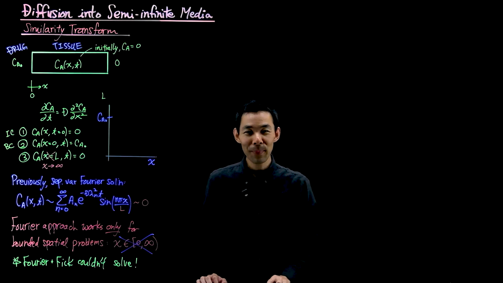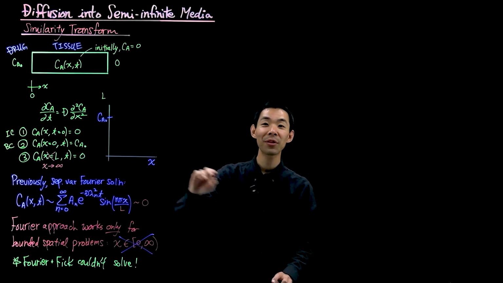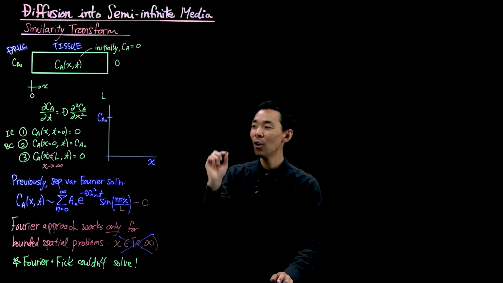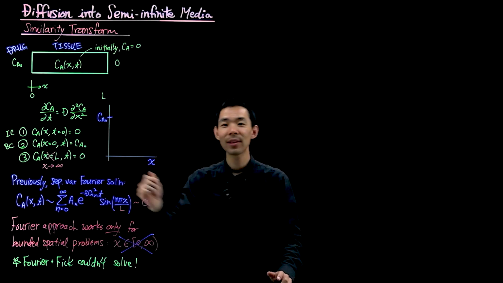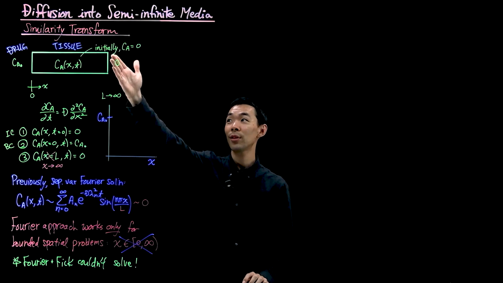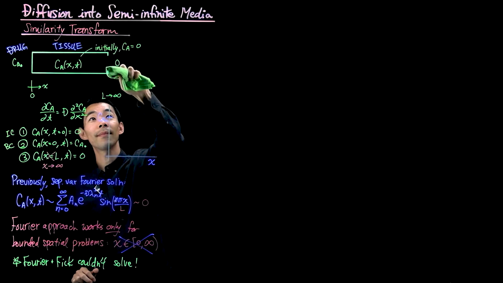So let's draw some profiles of the concentration along the y-axis as a function of the position x along this domain, for the case of x shooting out to infinity. I'm also going to change the boundary to make it wavy to indicate that it jets out to infinity.